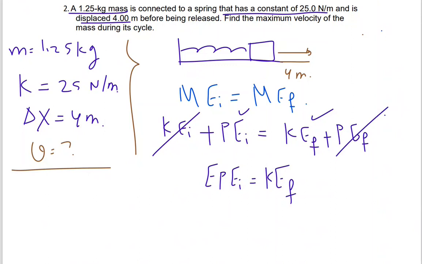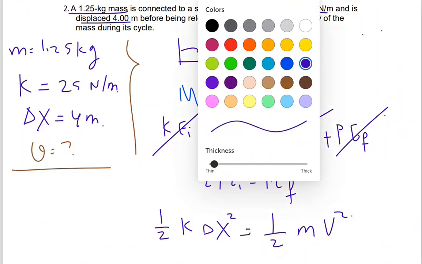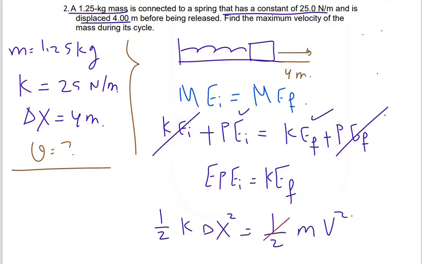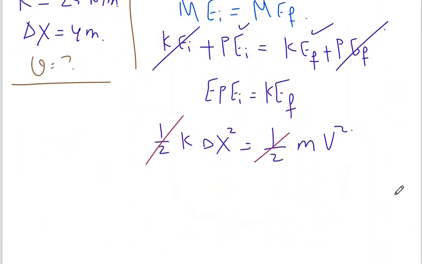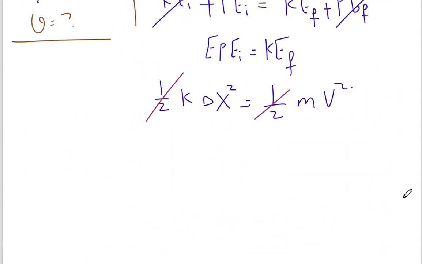Elastic potential energy is half k delta x squared, which equals half m v squared. The halves cancel out. K is the spring constant, 25. Delta x, the displacement, is 4 meters, squared, equals the mass of the block, 1.25, times v squared.